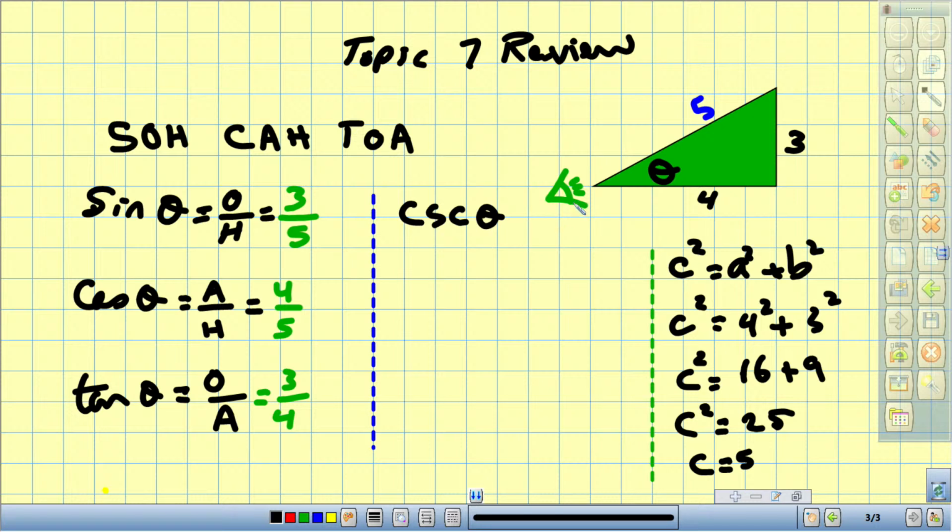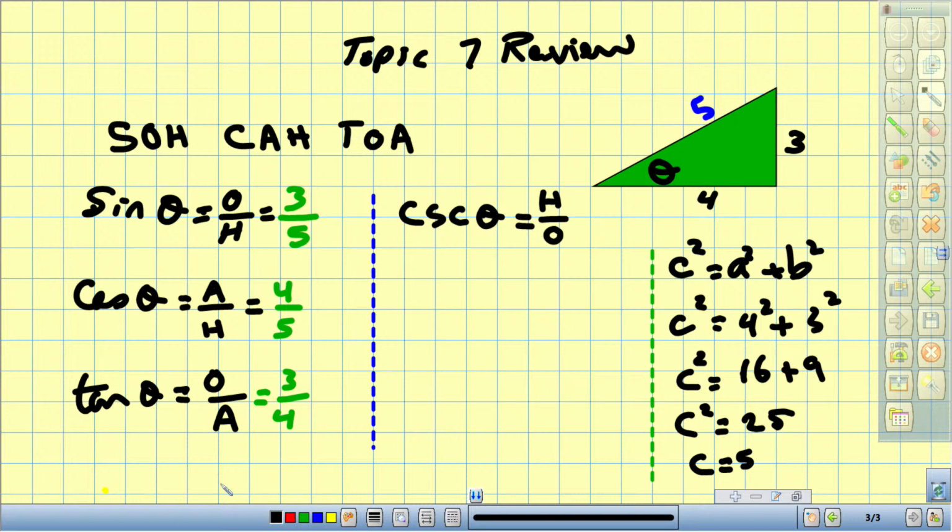All you do for these guys coming up now is the reciprocal of what you see here. For example, sine is the reciprocal of cosecant, which means I just have to flip this thing here. Instead of opposite over hypotenuse, it becomes hypotenuse over opposite.